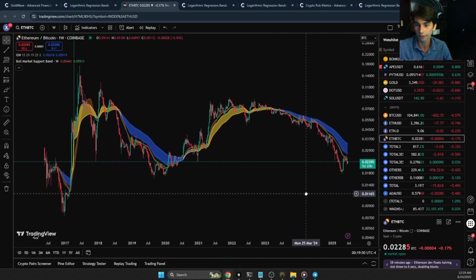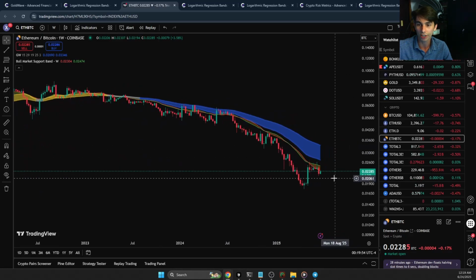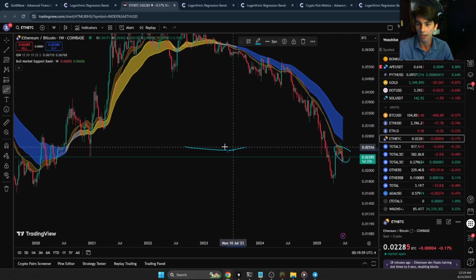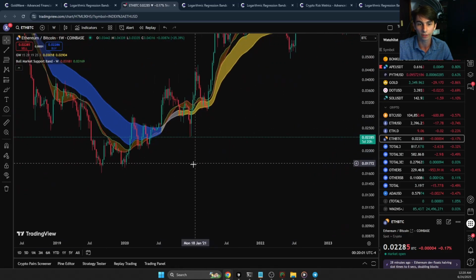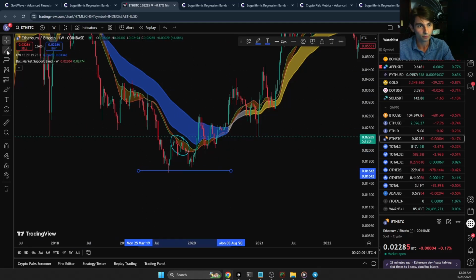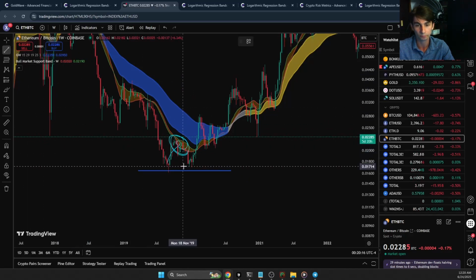So if you see this right here, it's projecting off of the 21-week EMA and the 20-week SMA. And you can see that back in 2019, we did a similar thing where Ethereum got this initial bottom, and then it went up to the bull market support band, the 20-week SMA and 21-week EMA, and rejected off of this level here.